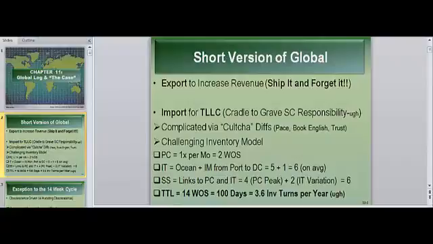Now, what makes global supply chain so challenging, and you're going to see in this chapter, there are a million reasons, but the one that I want to focus on is the differences in culture. There's a different work ethic, a different pace of work.